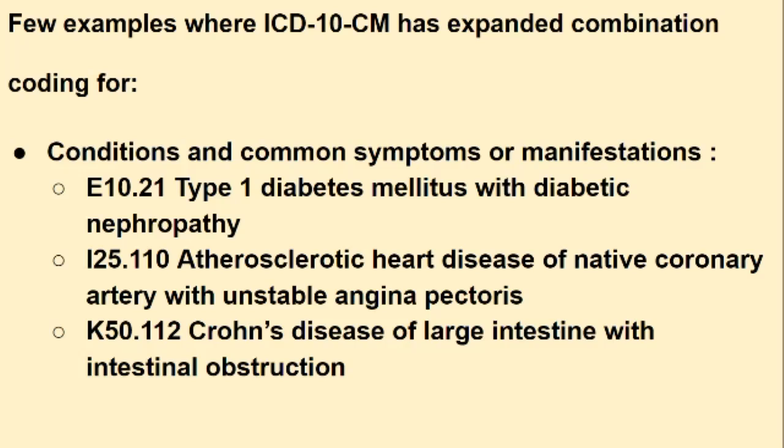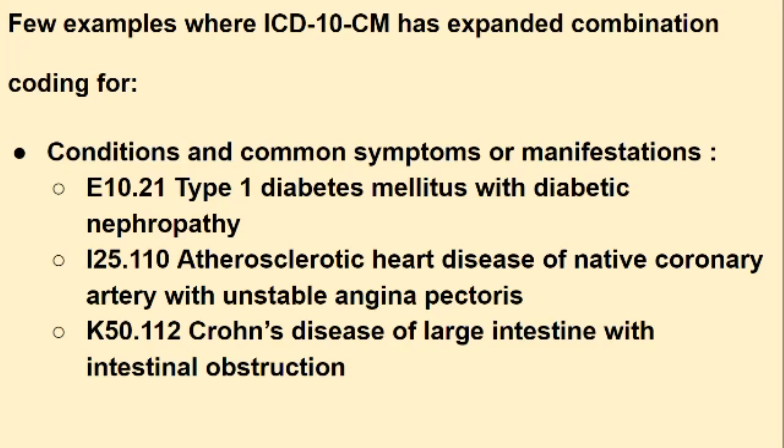For example, conditions and common symptoms or manifestations. Let's look at E10.21, that is type 1 diabetes mellitus with diabetic neuropathy. So that is an example of a combination code.